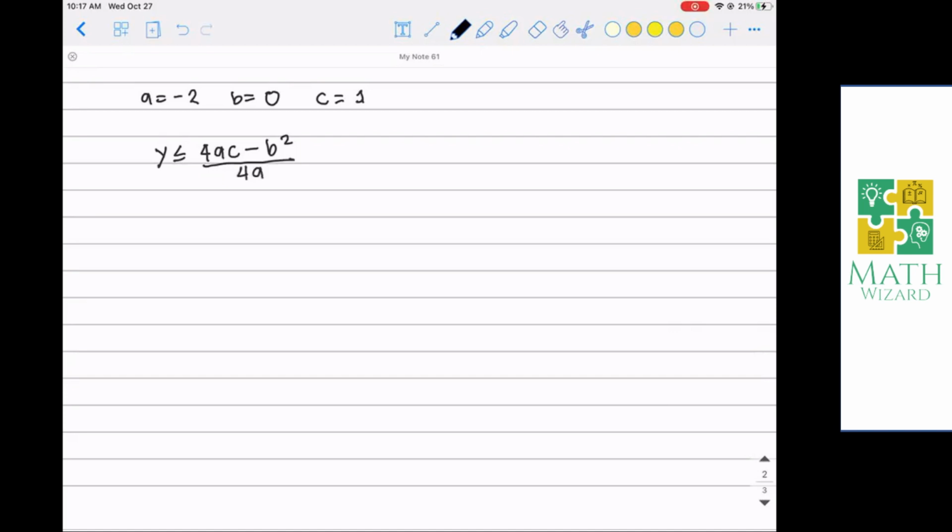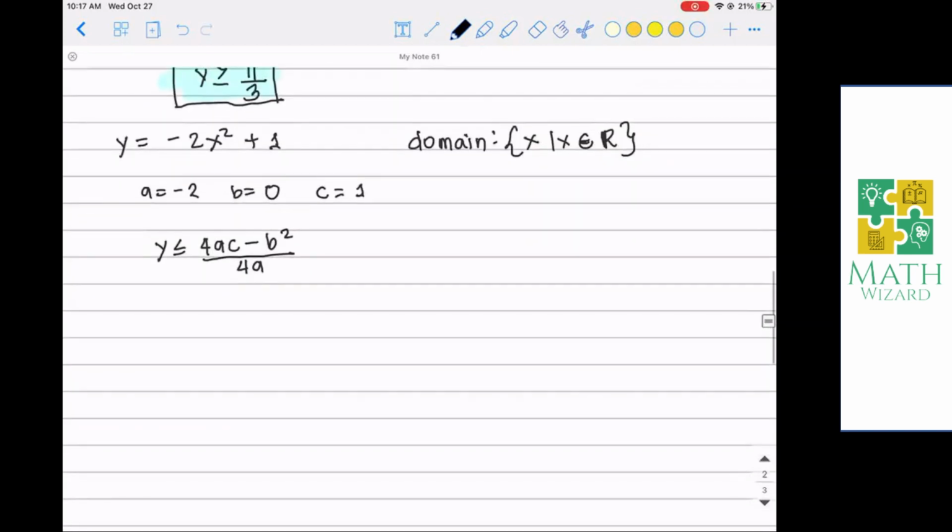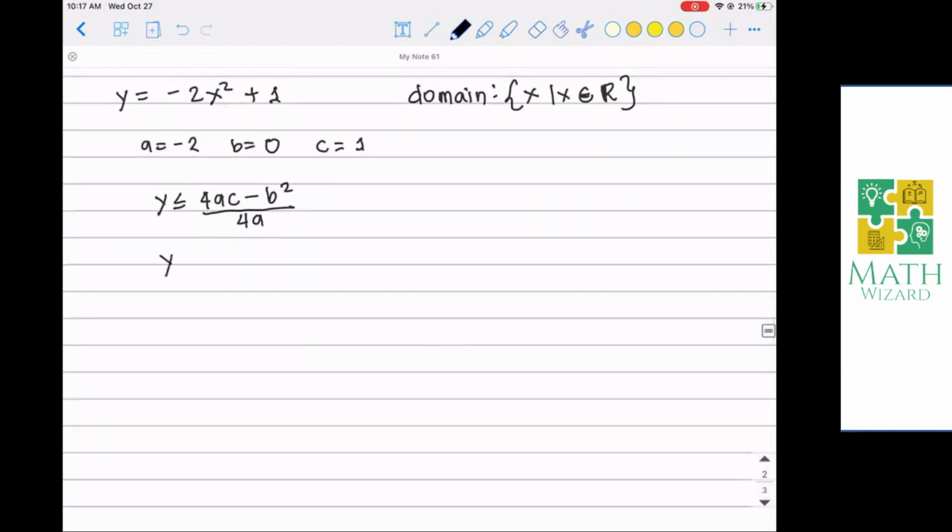Then we substitute. So y is less than or equal to 4 times the value of a, which is negative 2, times the value of c, which is 1, minus the value of b, which is 0, squared, over 4 times the value of A, which is negative 2.